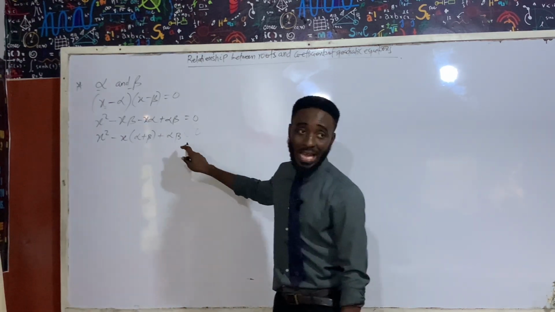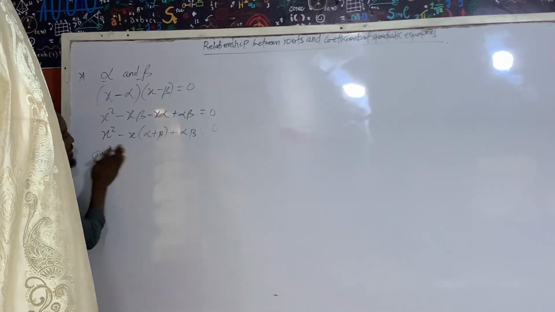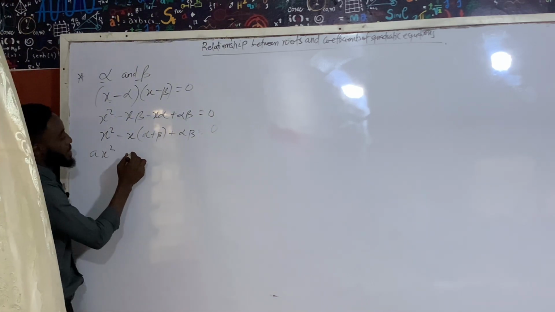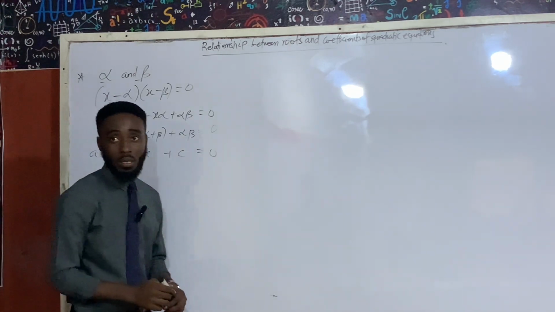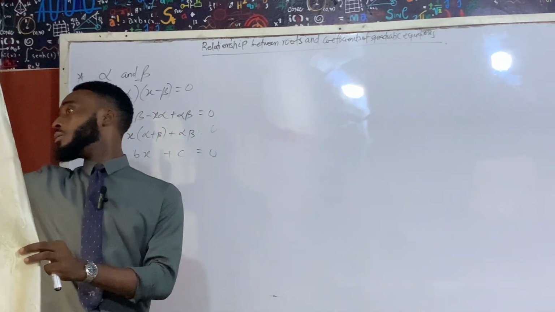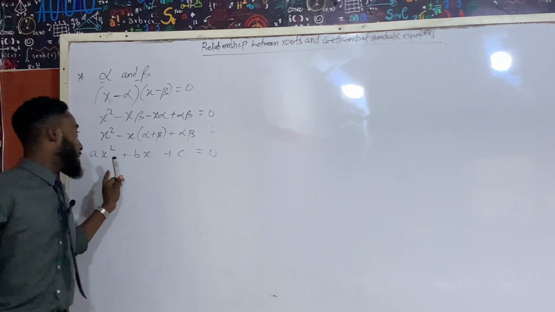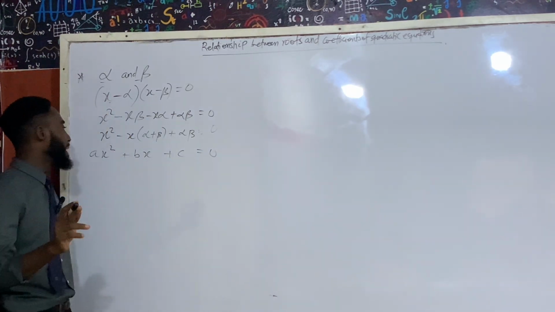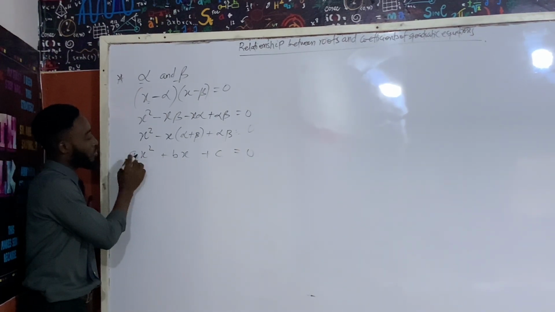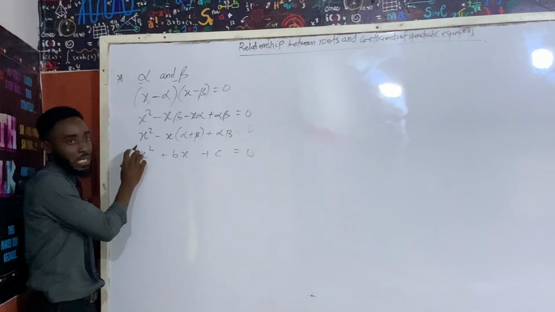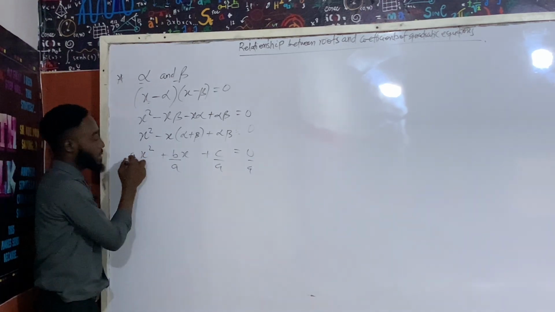Now, if I want to compare this to the standard form of the equation, which is ax squared plus bx plus c equals 0, I can make it monic, meaning I want the first term to be just x squared. So I divide through by a. Do you get what I just did?